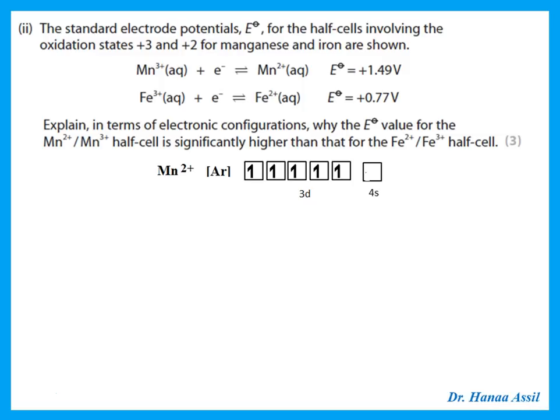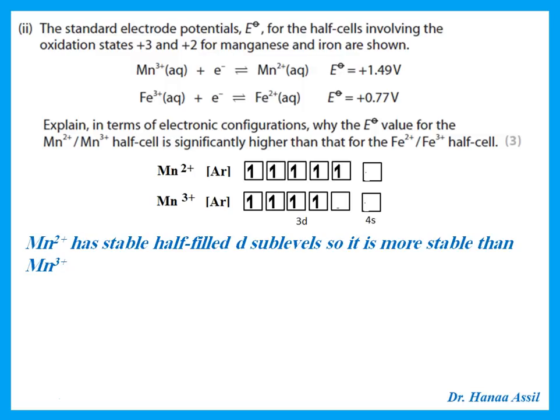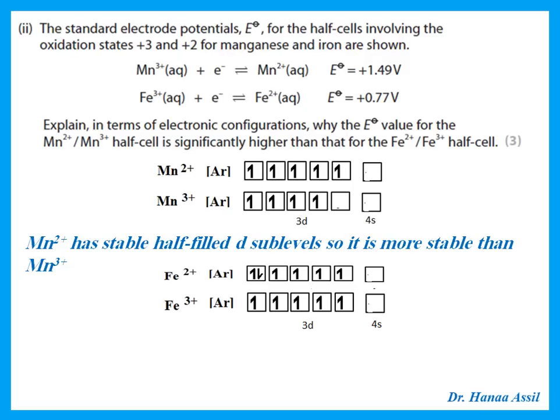If we're looking at manganese 2+, manganese 2+ is a stable ion because it has a half-filled 3d sublevel. Now, if I'm trying to get Mn3+, Mn3+ is not stable. It has lost one of its electrons from the 3d, and that means the Mn2+ is more stable. So, Mn2+ has half-filled d sublevel. It is more stable than manganese 3+.